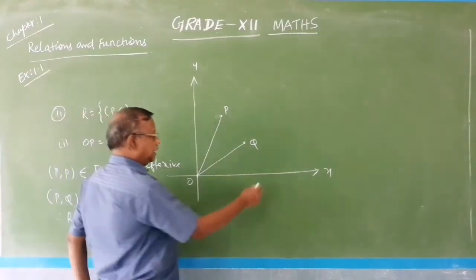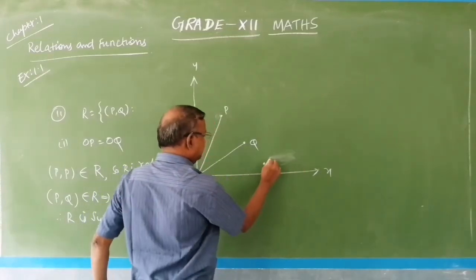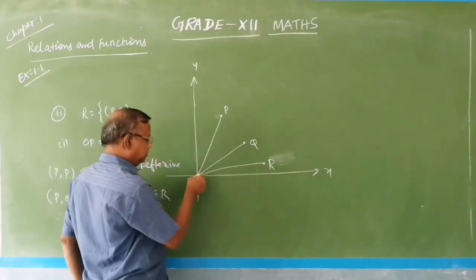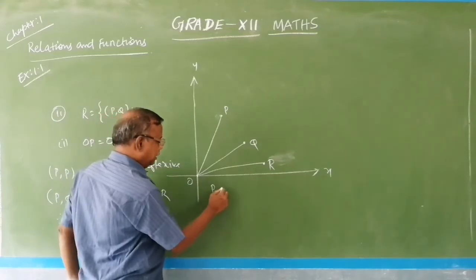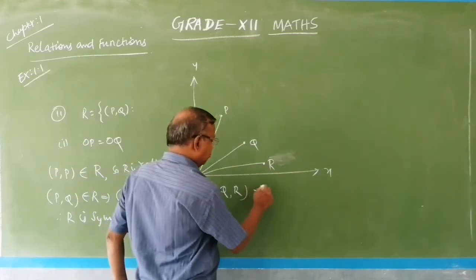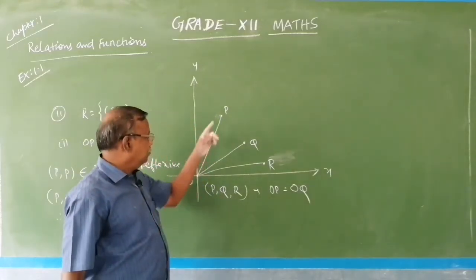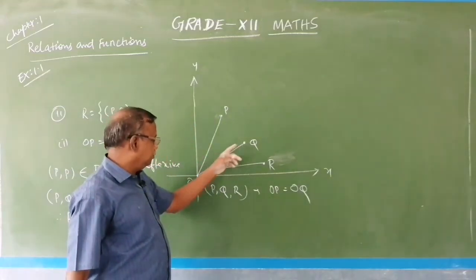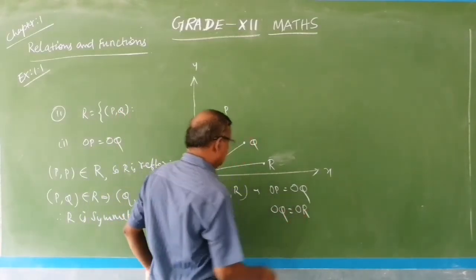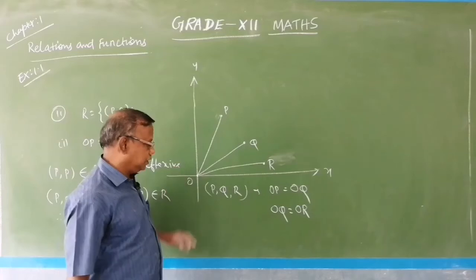And now take another point R here. Just for example, these are all just approximately shown, not calculated. So let P, Q, R be 3 points such that OP equal to OQ, that is, distance of P from origin is equal to distance of Q from origin, and moreover OQ is equal to OR, that is distance of Q from the origin is equal to the distance of R from the origin.